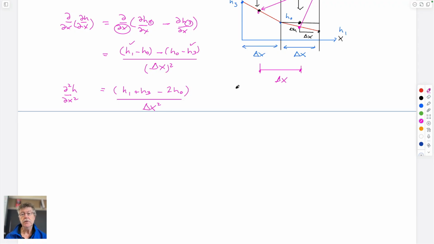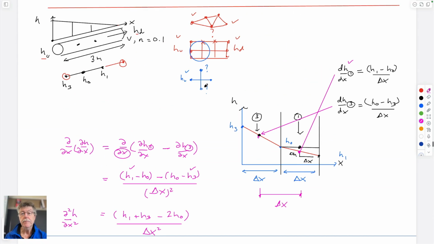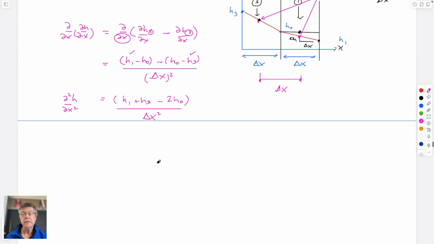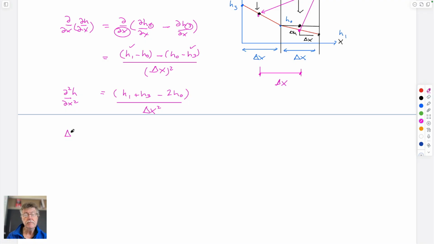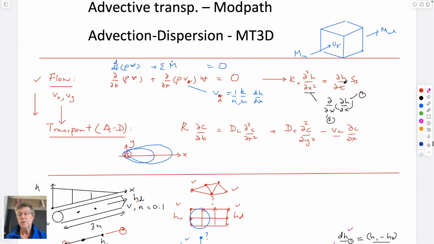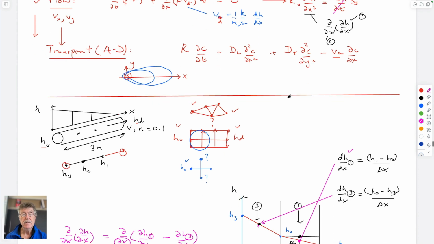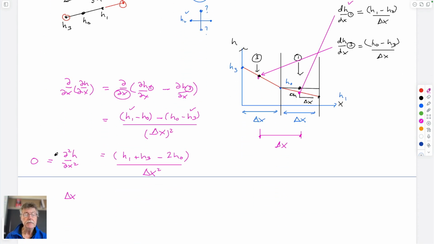And if we assume that everywhere in the mesh that we're making, delta x is constant, and if we assume steady state, which means there's no change in time, so if this is equal to 0, then this is the only term, and we'd be left with permeability times this, but it's equal to 0, so it doesn't matter.